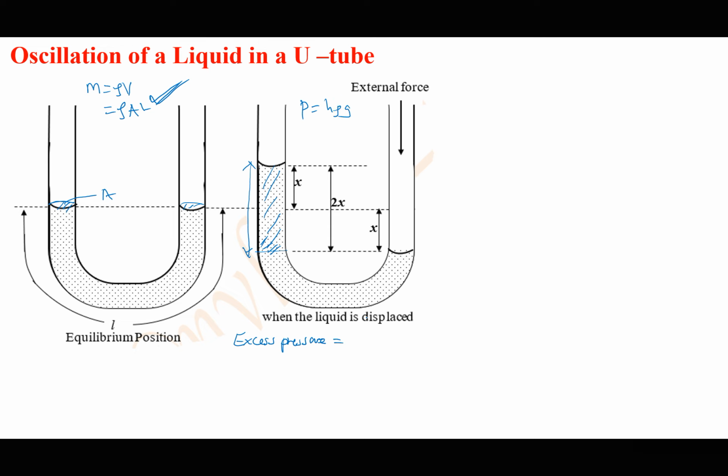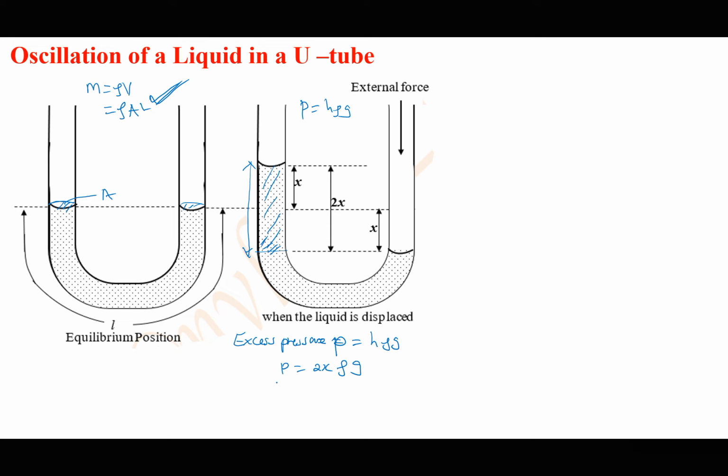So h is going to be 2x. So the excess pressure P is equal to twice x, which is h, times the density of the liquid, which I will call rho, times g. That is the excess pressure.